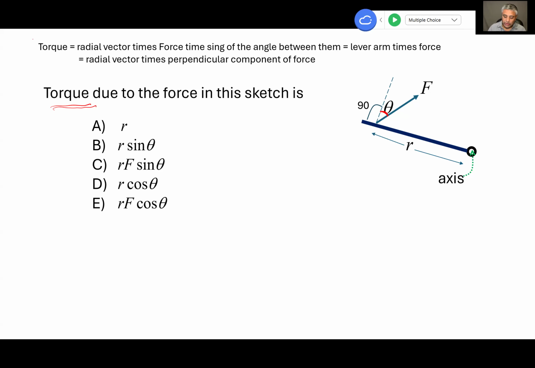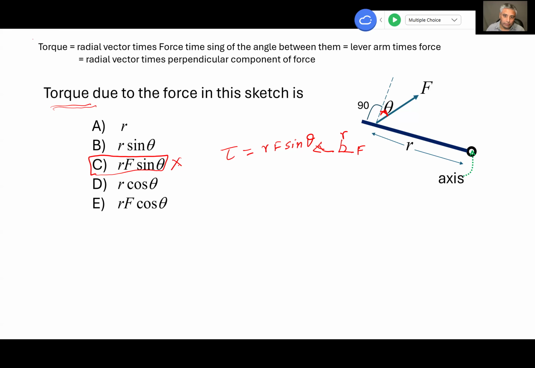I'll show you all three different methods of calculating in this example. If you are using this formula, this has to be the angle between R and F. The given angle here, theta, is not the angle between R and F. So that's why this is not going to be the correct answer.